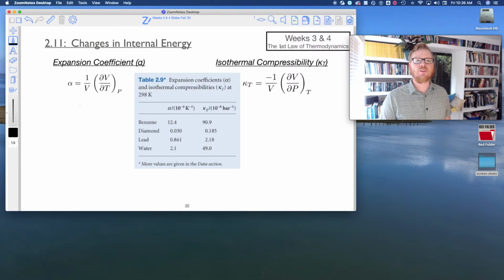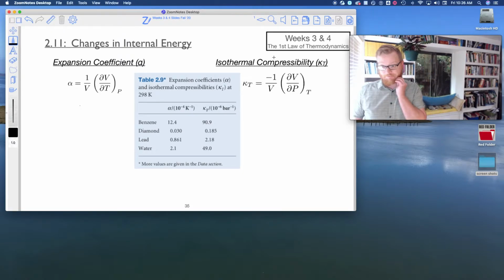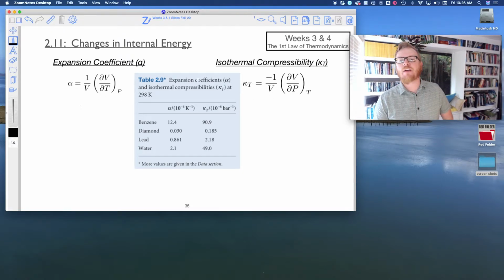The result of that is two coefficients, one known as the expansion coefficient, one known as the isothermal compressibility. Again, I'm not deriving where these come from, but you will notice they contain that relationship. The expansion coefficient is a result of the change in volume with respect to temperature at constant pressure.